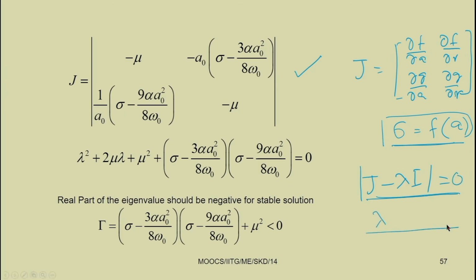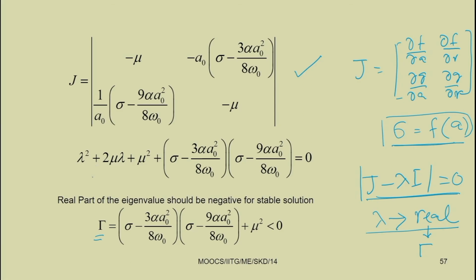For the system to be stable, the real part of the eigenvalue must be negative. The real part, if we write it as capital lambda, we can get from this.